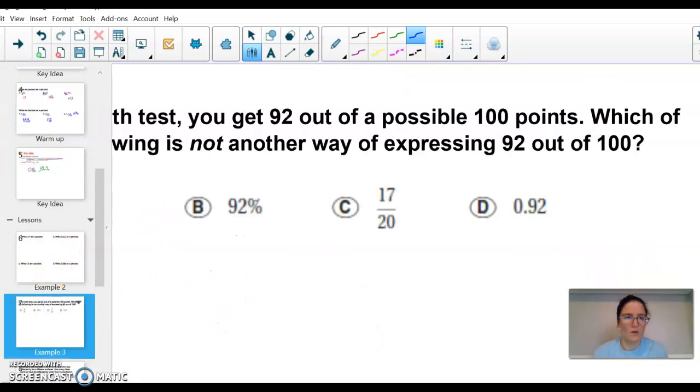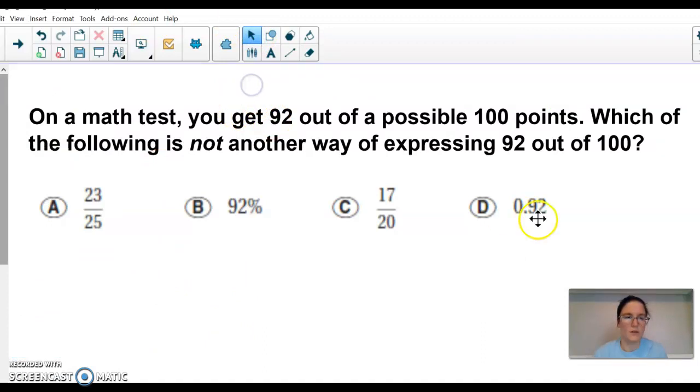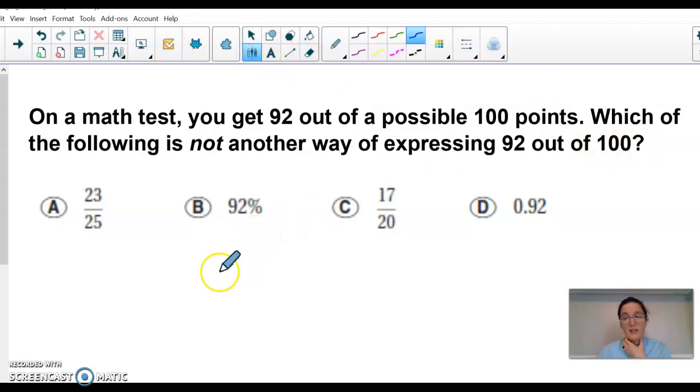All right, so for this example, on a math test, you get a 92 out of 100 points. Which of the following is not another way of expressing 92 out of 100? So 92 out of 100 means 92 over 100. If we write that fraction, let's see if we can reduce it.